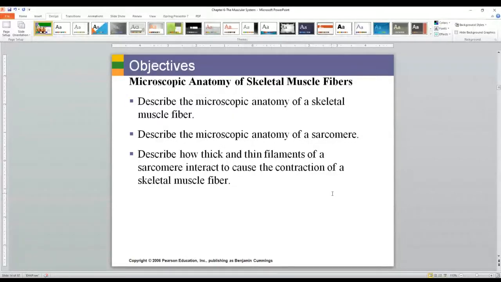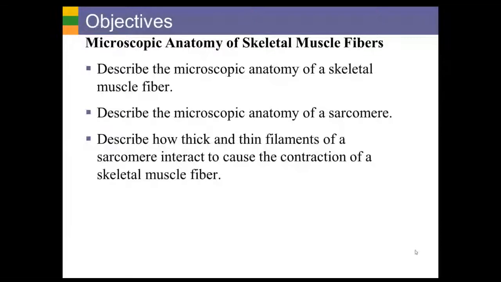All right, so we've talked about skeletal muscle, the organ. Now we're going to talk about skeletal muscle fibers, because that's actually where contraction occurs. First we're going to describe the microscopic anatomy of a skeletal muscle fiber or cell. Then we're going to describe the microscopic anatomy of what's called a sarcomere.